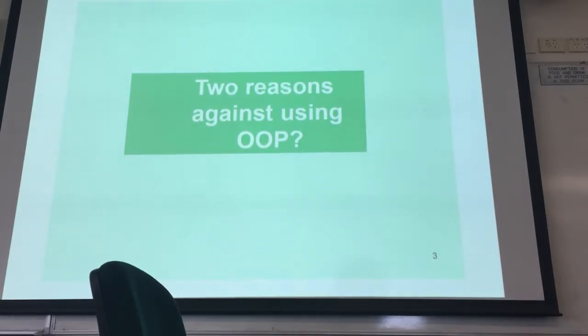Sometimes with deep inheritance, it's not so easy to understand how the program works. You have to know the features of the base class to be able to use the derived class properly, which is somehow counterintuitive. So it's not very easy to understand the program just by reading the code for your class.